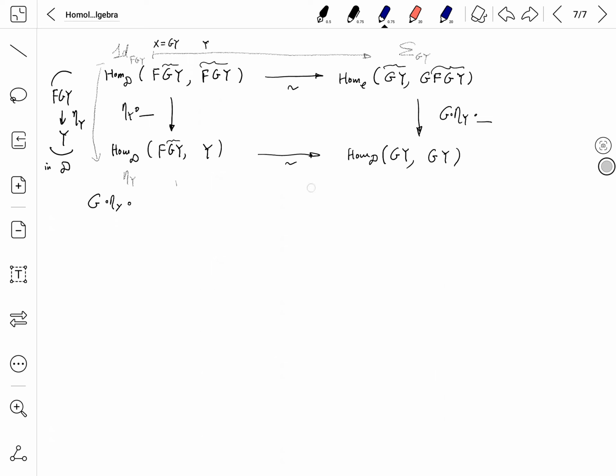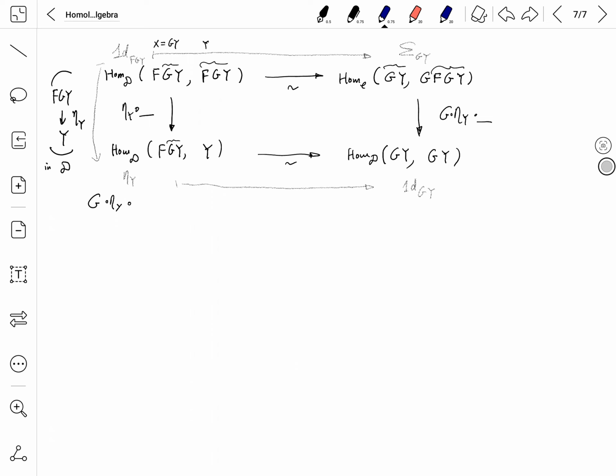And this is mapped to what? Yeah, eta Y here. Yeah, this is eta Y. This corresponds to identity of GY.